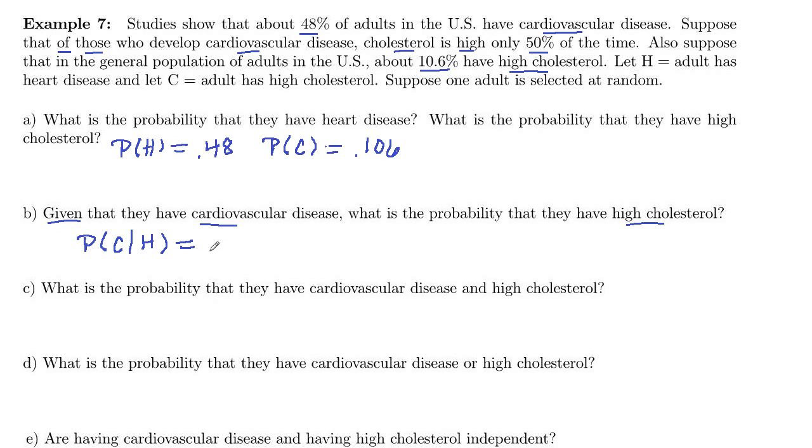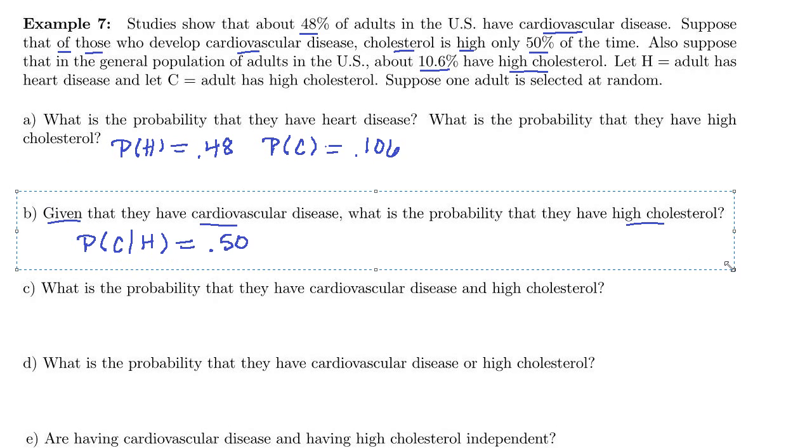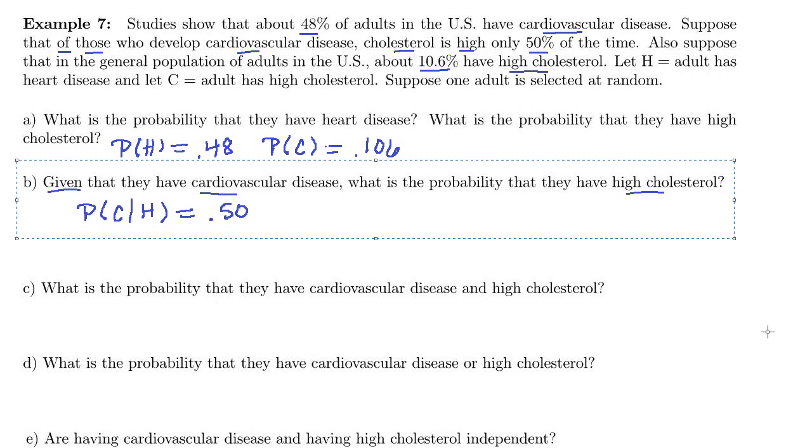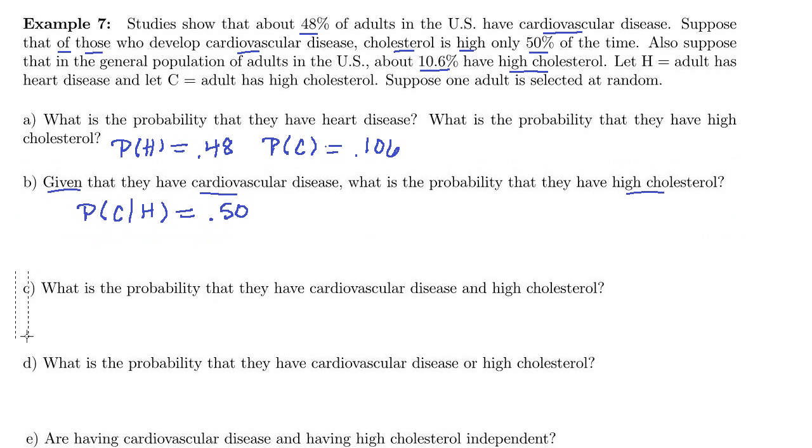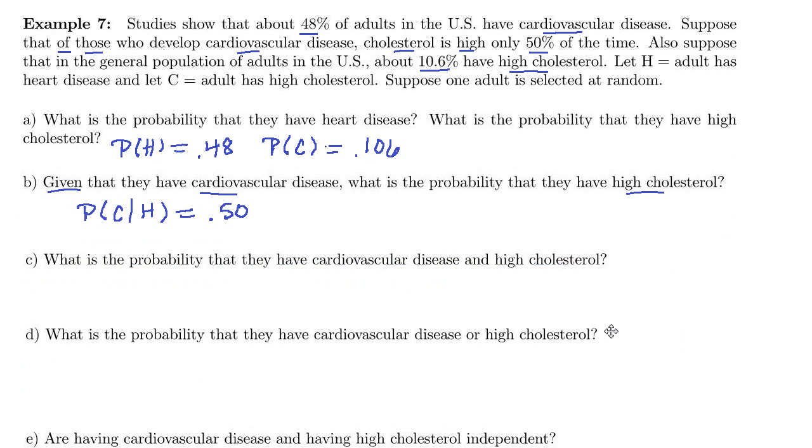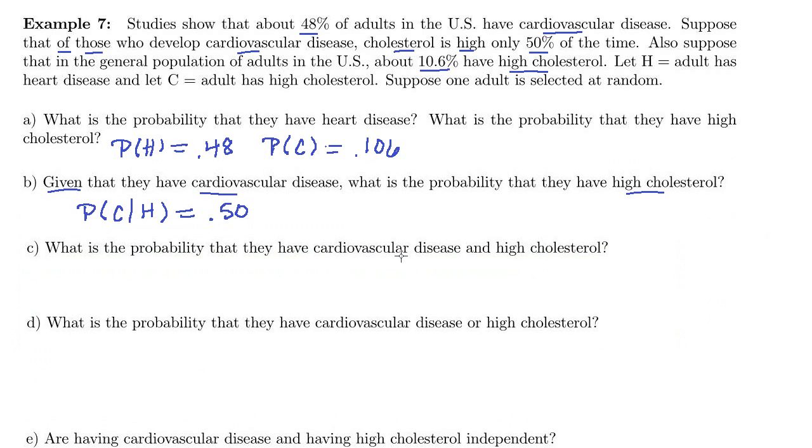So this is 0.50. So that is a conditional probability. That's something that's given to us. Okay, so now they want to know, what is the probability that they have cardiovascular disease and high cholesterol? So we want to know what's probability of C and H.